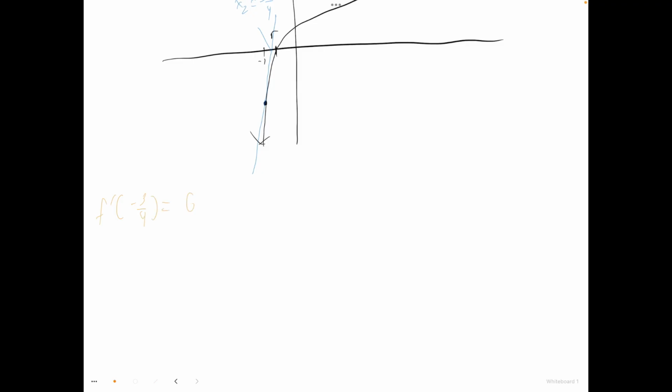So we're going to have 6 times (-3/4)^2 minus 6 times (-3/4). So this is going to become 6 times 9 over 16 plus 18 over 4. So we get 54 over 16 plus 72 over 16. So we're going to get 108 over 16.